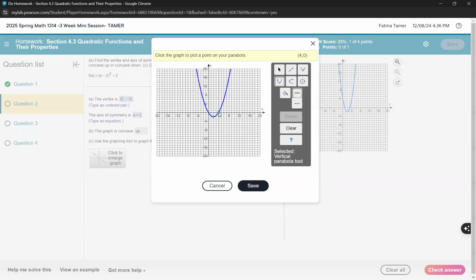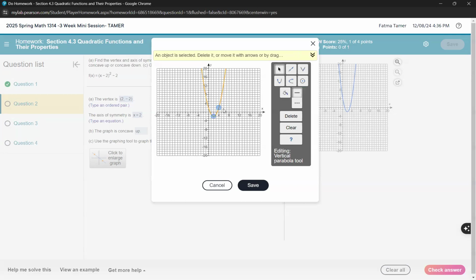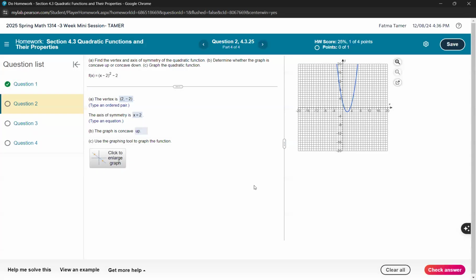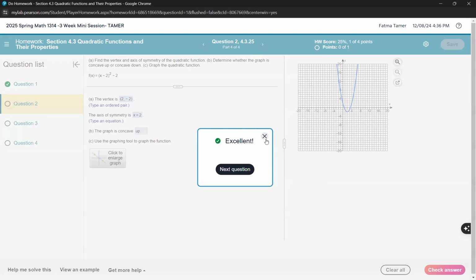So the 4 here is going to pair with +2. So I'm hoping that this is (4, 2). Let's check if this is correct. And then check. This time it's correct. So I just have to be careful when graphing. Make sure that you plot the exact same point.